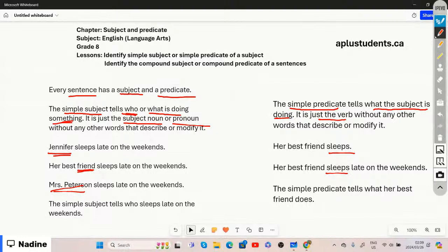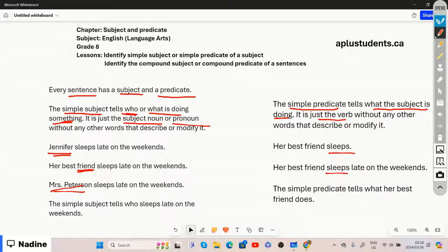So that is a simple subject as well as a simple predicate. The simple subject tells us who or what is doing something, and it is only the subject noun or pronoun without any other words that describe or modify it.